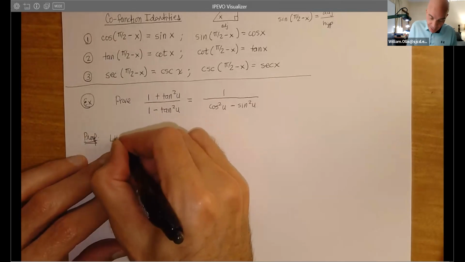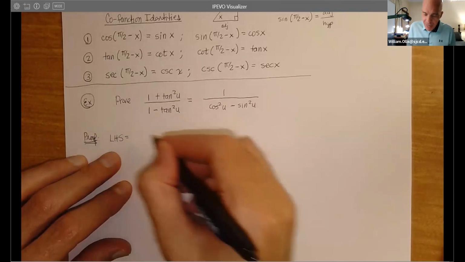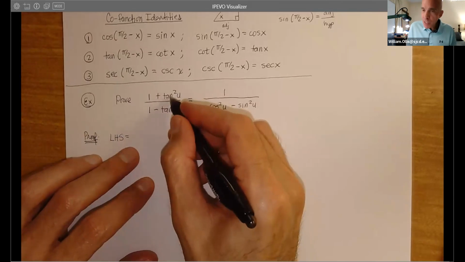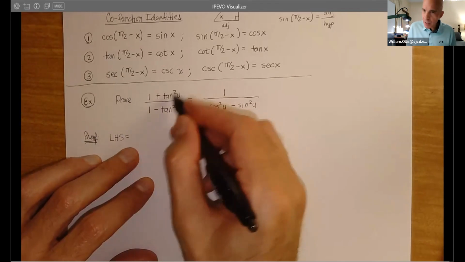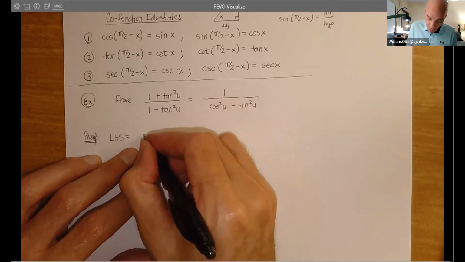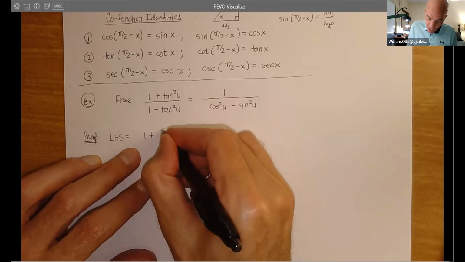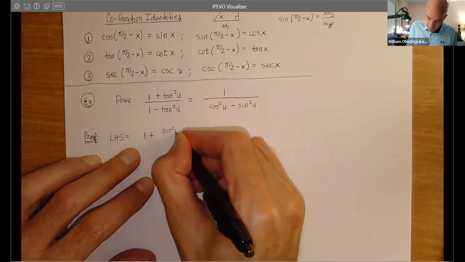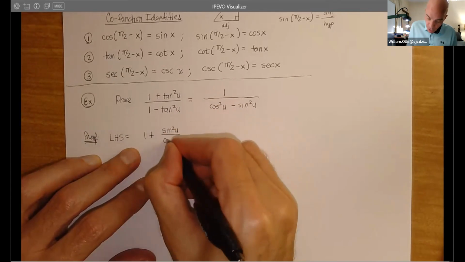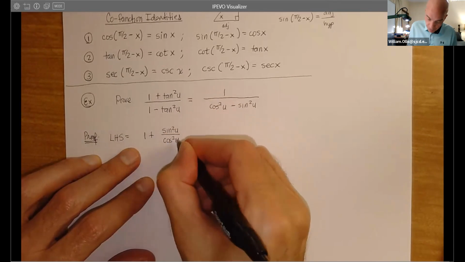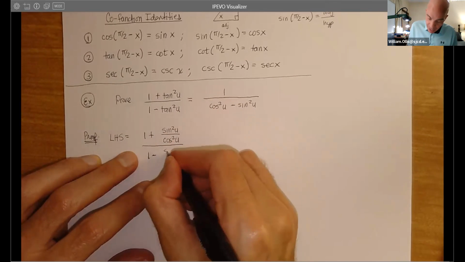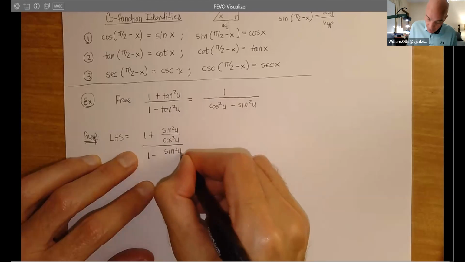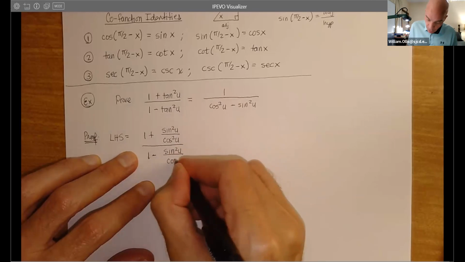For the left-hand side, just to make this a little bit simpler, I'm going to write the tangent as sine over cosine, squared. So this will be 1 plus sine squared u divided by cosine squared u, and then we have 1 minus sine squared u divided by cosine squared u.